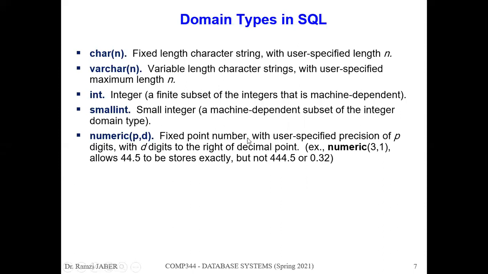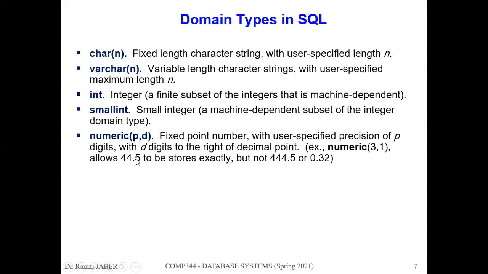For example, if we write numeric parenthesis 3 comma 1, it means we reserve 3 digits in total, including 1 digit after the decimal point.